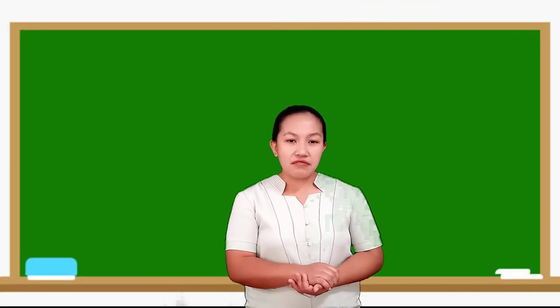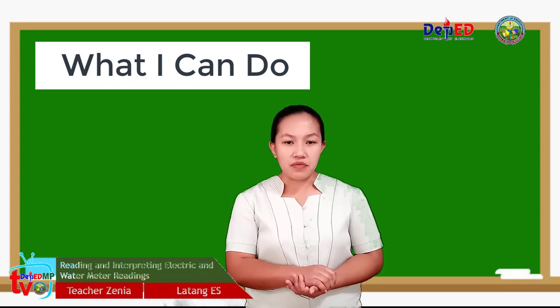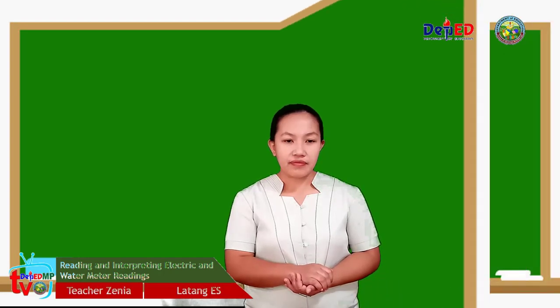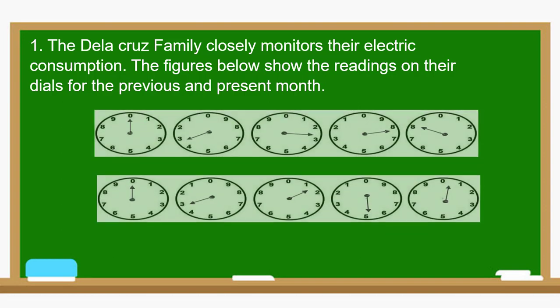In the next activity, you're going to read and solve the given problems. Write your answers on your paper. Number 1. The De La Cruz family closely monitors their electric consumption. The figures below show the readings on their dials for the previous and present month.